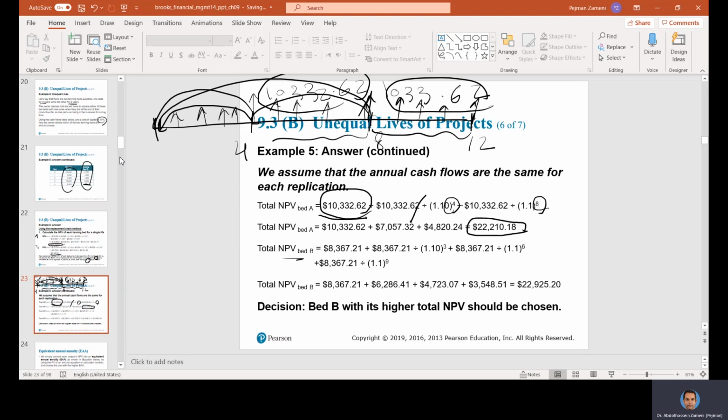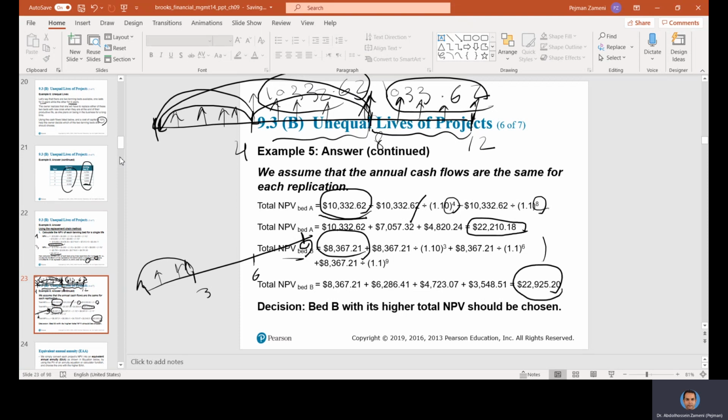And we do the same story for this one. We already have this much. And then if we draw the timeline, year 3, year 6, and here is year 9, and we do the same story for the cash flows that we have for each period, and we add all these things together and that gives us this number.